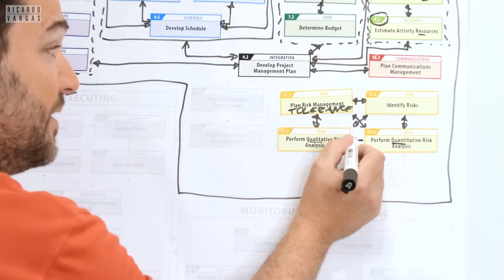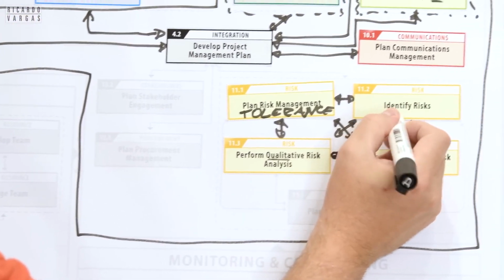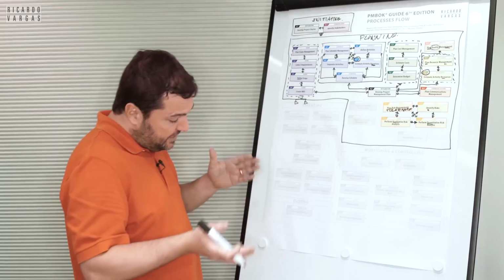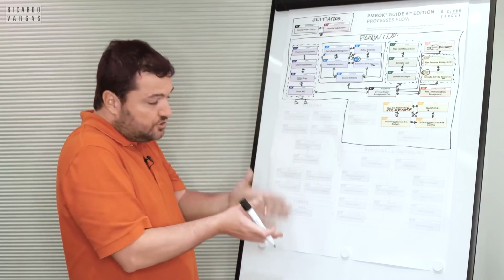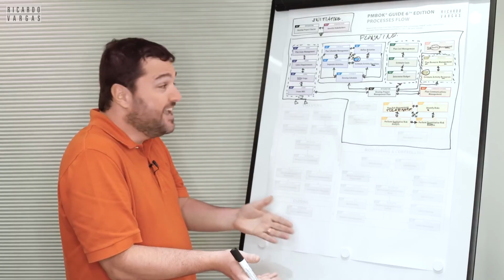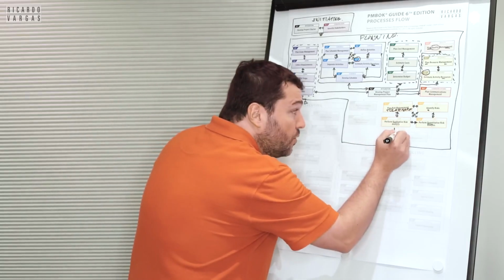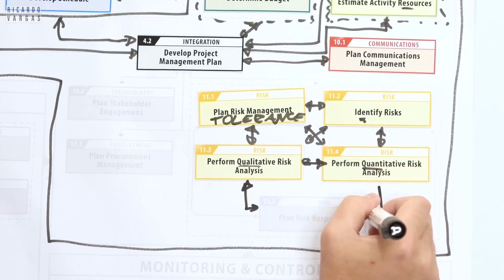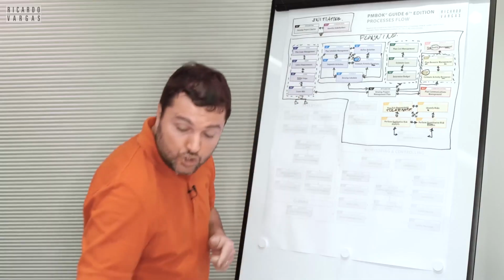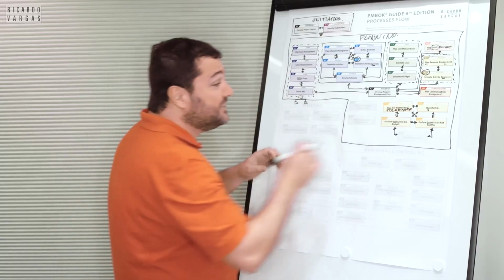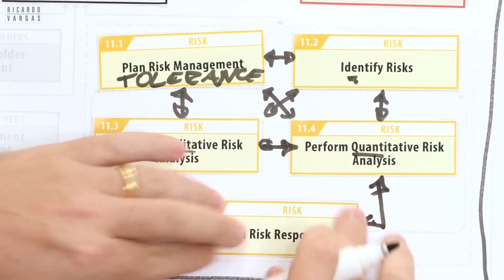So this is exactly to understand each of the risks identified. Are they big? Are they very big risks or irrelevant risks? And this will help me to do what? This will help me to plan potential responses to those risks.